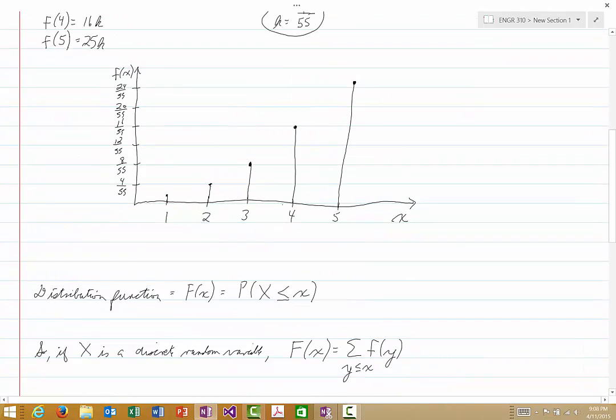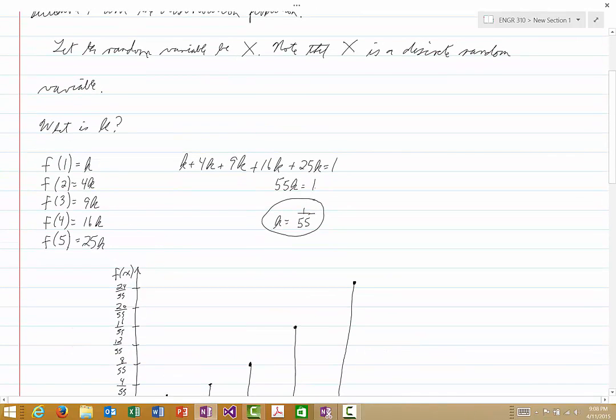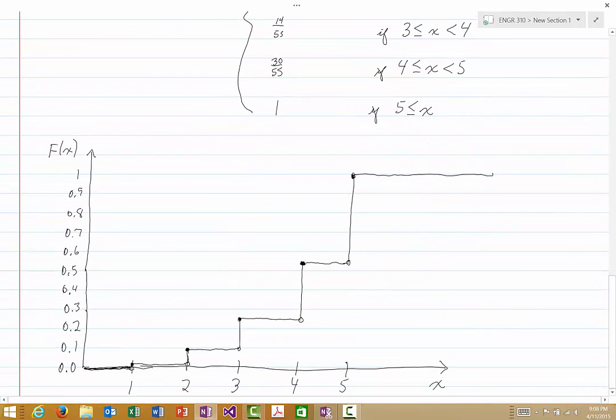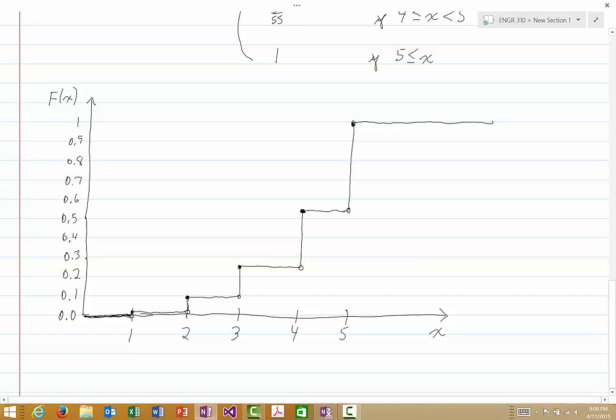Now remember, I told you that for this graph up here, although this is an increasing function of x, it doesn't have to be. That just happened to be the case that they chose for this problem. But on the other hand, capital F of x will always be an increasing function of x.